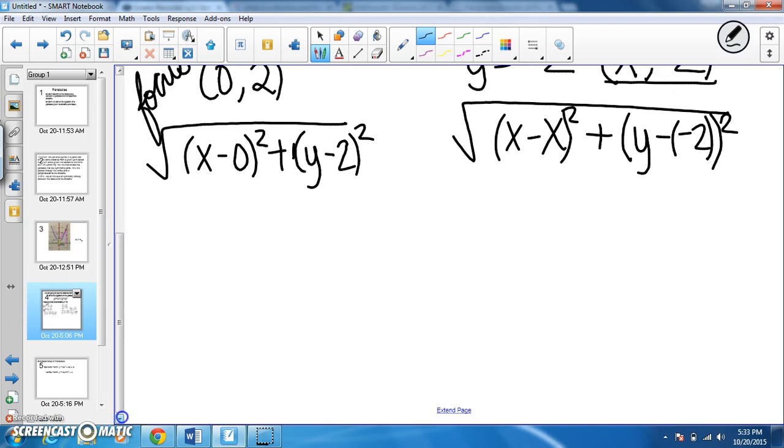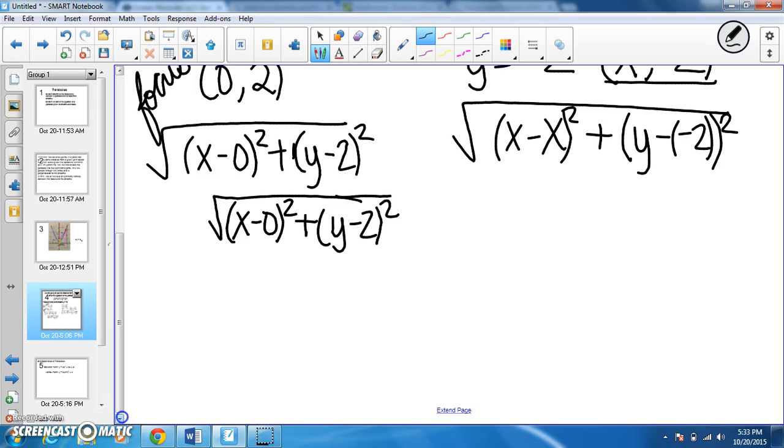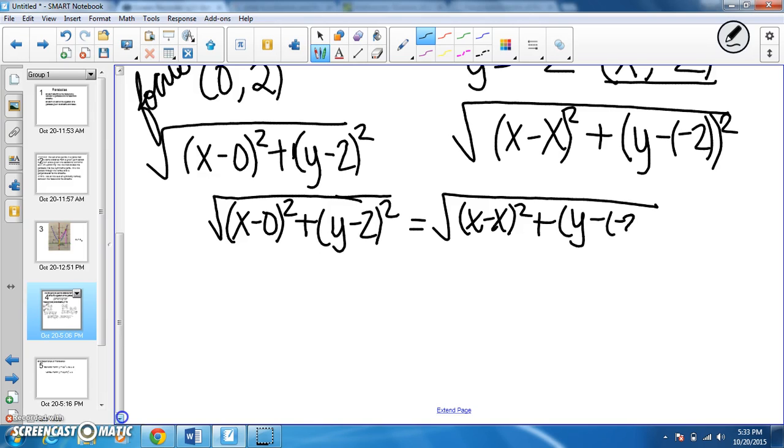We are going to take these two equations and set them equal to each other and solve. So we have the square root of (x minus 0) squared plus (y minus 2) squared is equal to the square root of (x minus x) squared plus (y minus negative 2) squared.